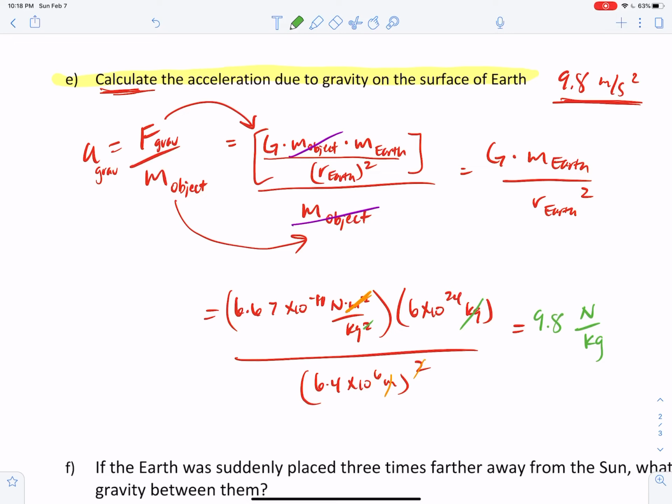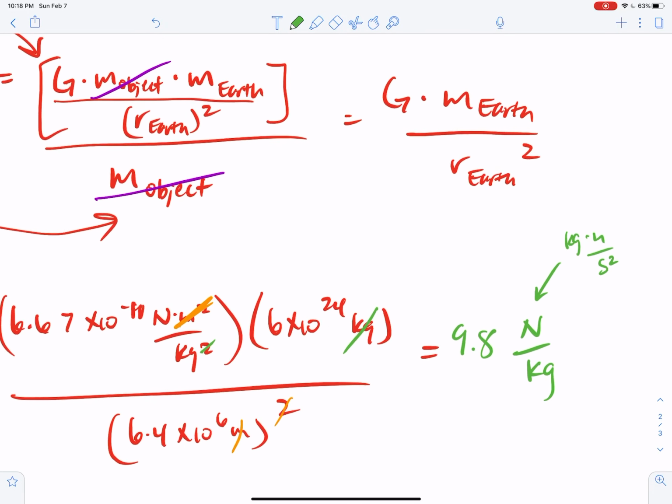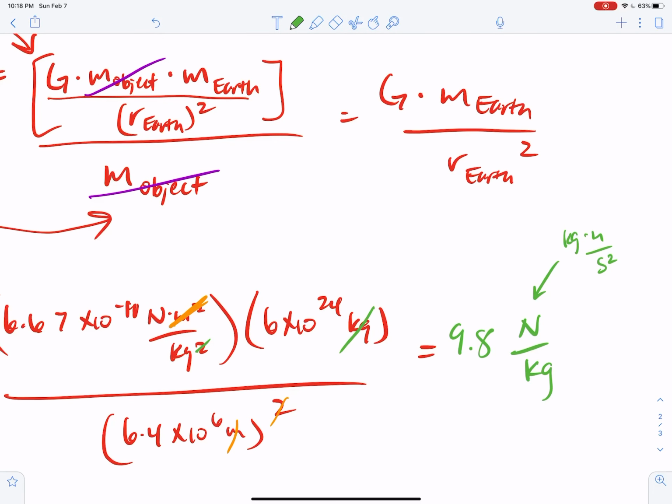Okay, and what is a newton per kilogram? Well, if you remember, a newton by definition is a kilogram meter per second squared. So a newton per kilogram would be a kilogram meter per second squared divided by a kilogram. So that just means that the kilograms would go away and you get meters per second squared.